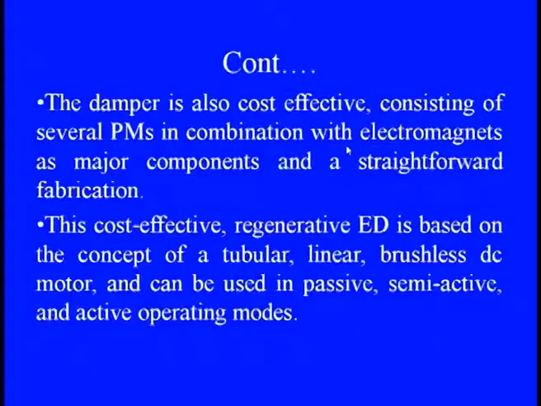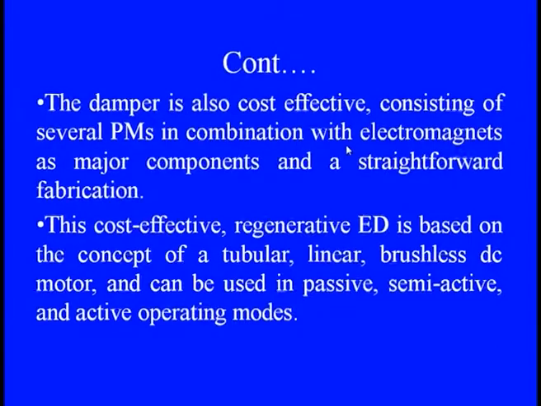When we are talking about the electromagnetic damper, the damper is robust in design, because it consists of permanent magnets in combination with electromagnets as the major components. It is a uniform structure in which there is not much complexity in the connection of the movable and the stator parts.